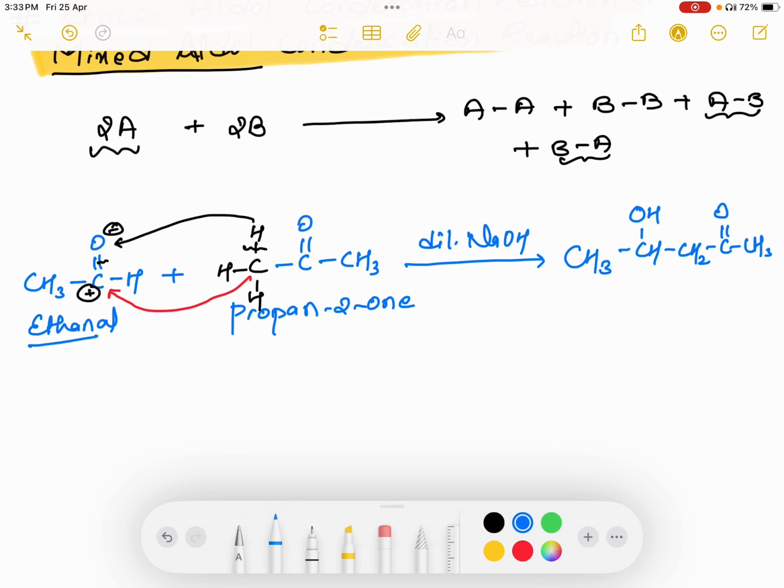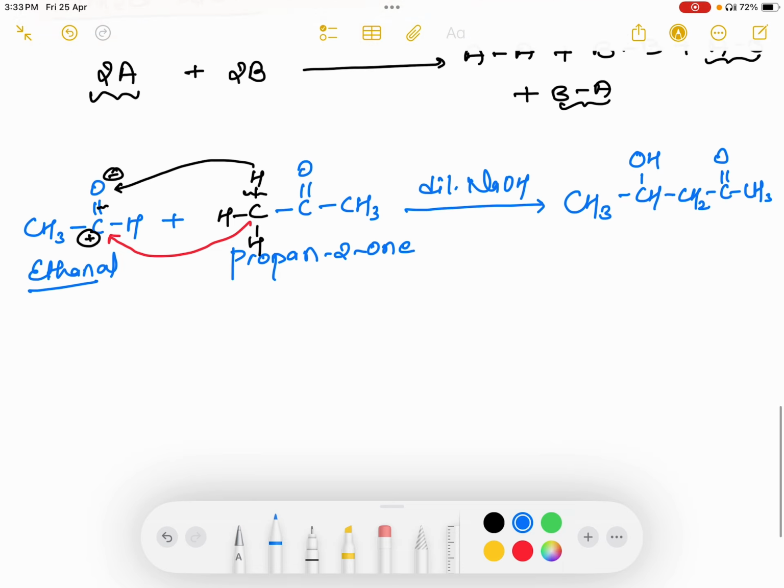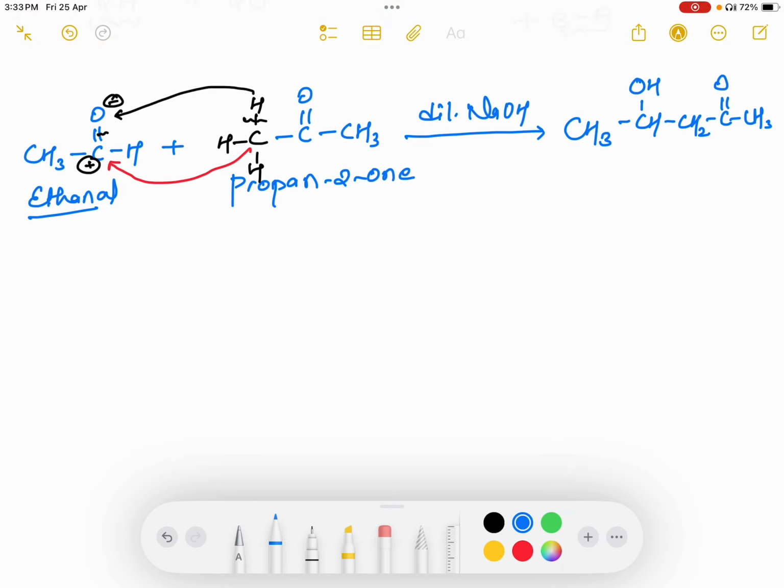So when you have a mixed constituent, let me take another example. Let me take an example of benzaldehyde. So here what you know is that over here there is no alpha hydrogen.